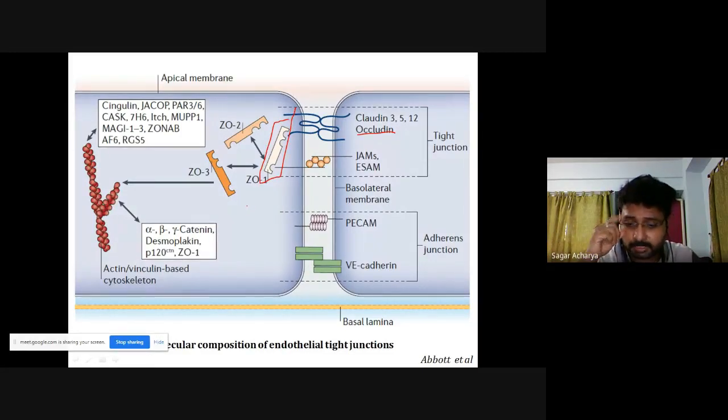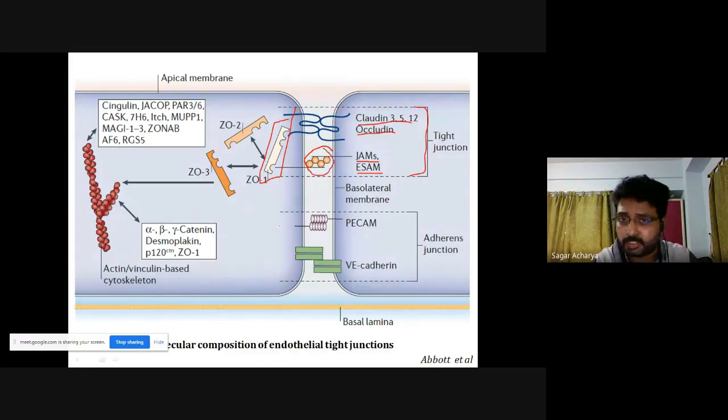So these junctional adhesion molecules and endothelial selective adhesion molecules, along with Claudin and occludin, form the tight junction. Here you find the immunoglobulin domain.